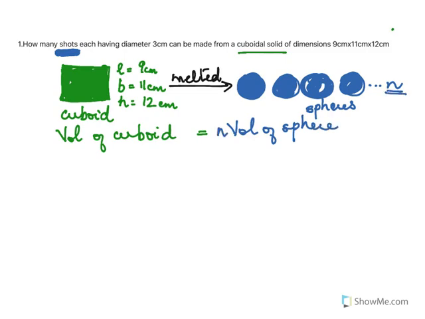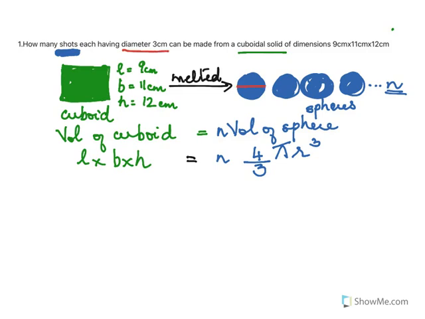Now let's put the formulas. We know the volume of a cuboid is length into breadth into height, and that of the sphere is 4 by 3 pi r cube. Now to look for the radius, here the diameter is given as 3 centimeters.